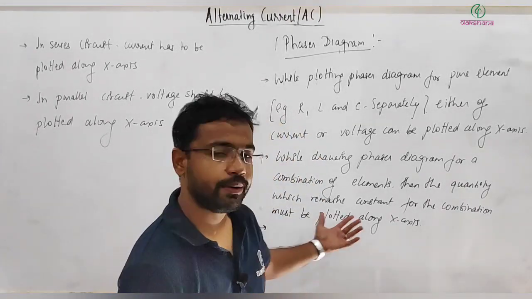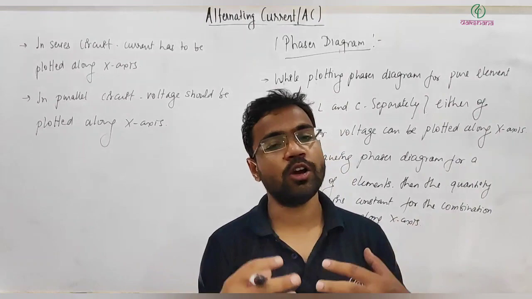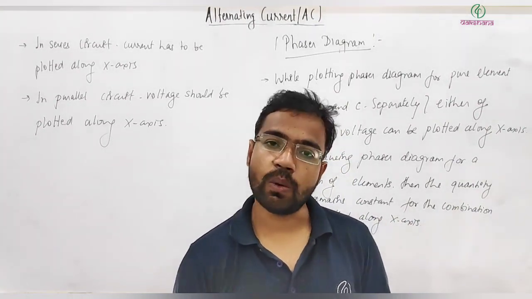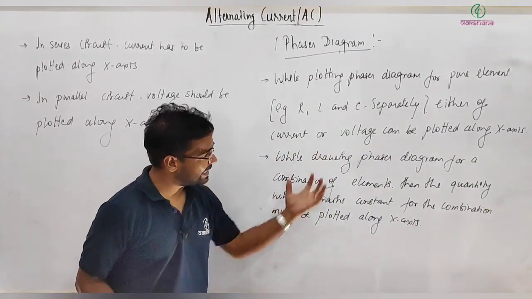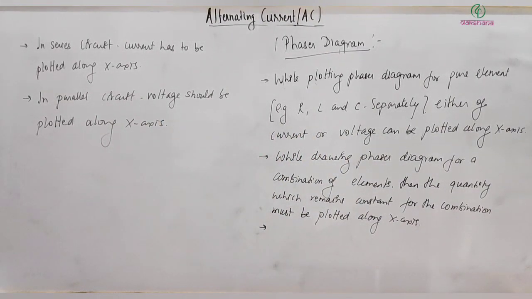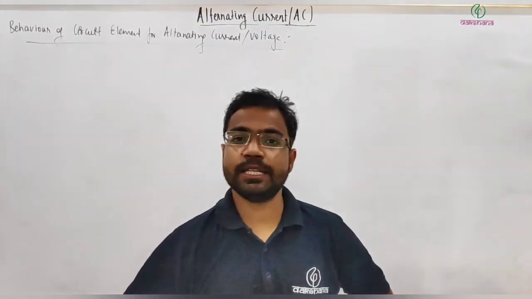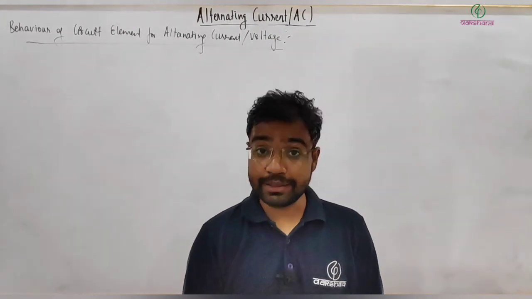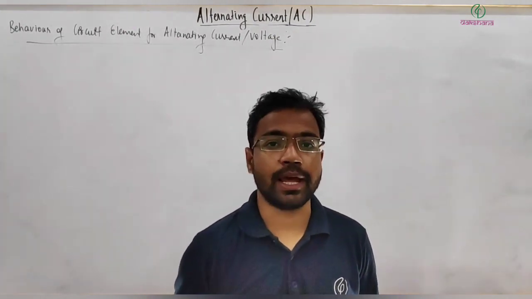Let me now see the behavior of these circuit elements, first separately, then in combination, for alternating quantities, and I will draw the phasor diagram also so that you understand these points easily. Let's see how the circuit elements, the resistor, capacitor and inductor, behave when an alternating current or voltage source is applied across them.